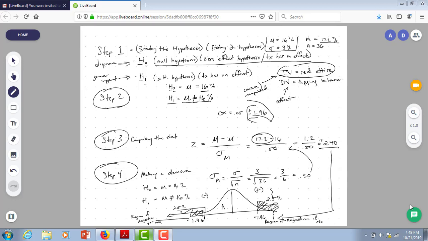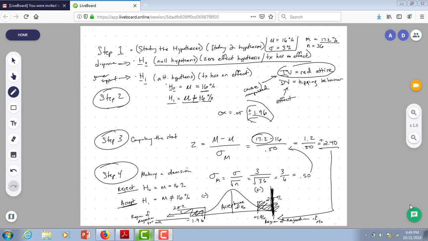This is acceptance of the null. So, given that we have a sample mean that's fallen right there, it stands to reason that we are going to reject the null hypothesis and accept the research hypothesis.